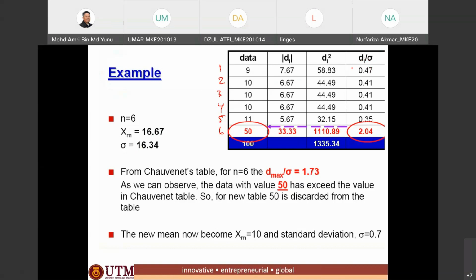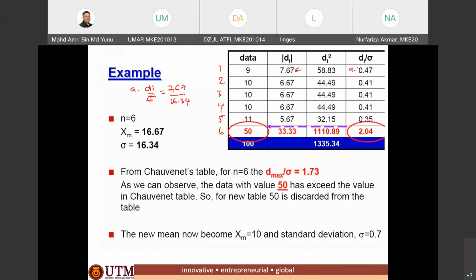For example, here, how do we get it? The deviation value di over sigma is equivalent to this. Here, 0.67, the deviation or offset value, divided by the calculated standard deviation, which is 16.34.